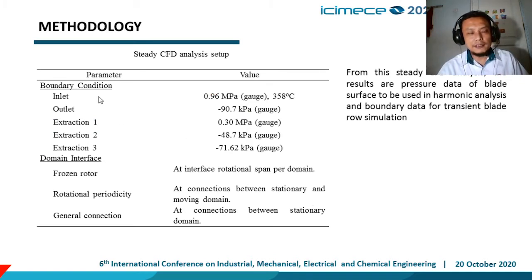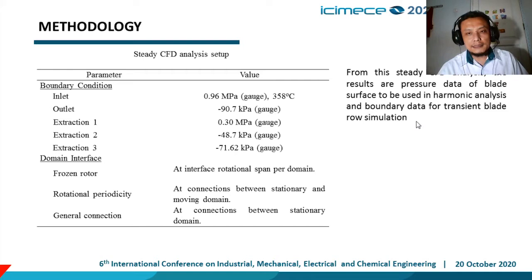This is boundary condition: inlet pressure, outlet pressure, extraction 1, 2, and 3. For domain interface, frozen rotor at the interface, rotational span per domain. Rotational periodicity at the connection between stationary and moving domain. General connection at connection between stationary domain.